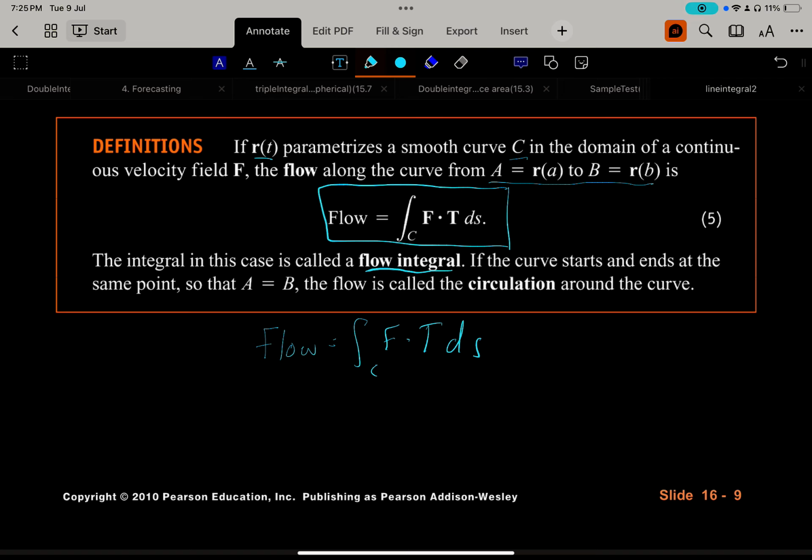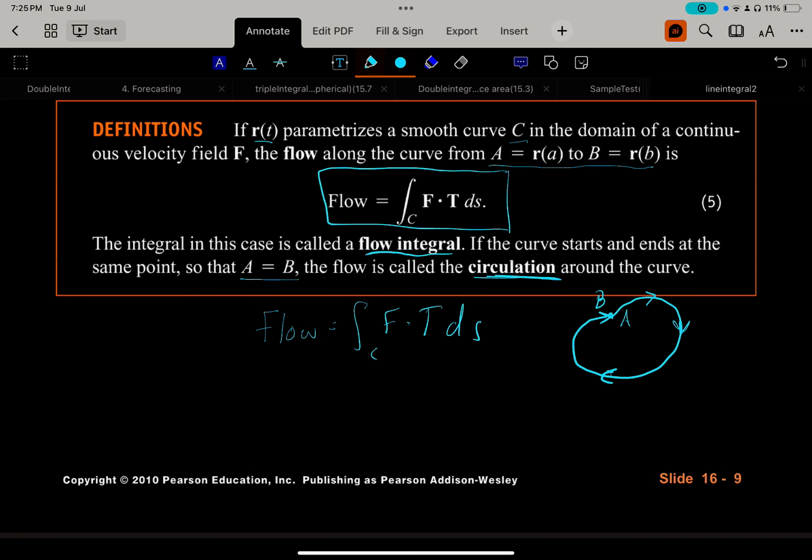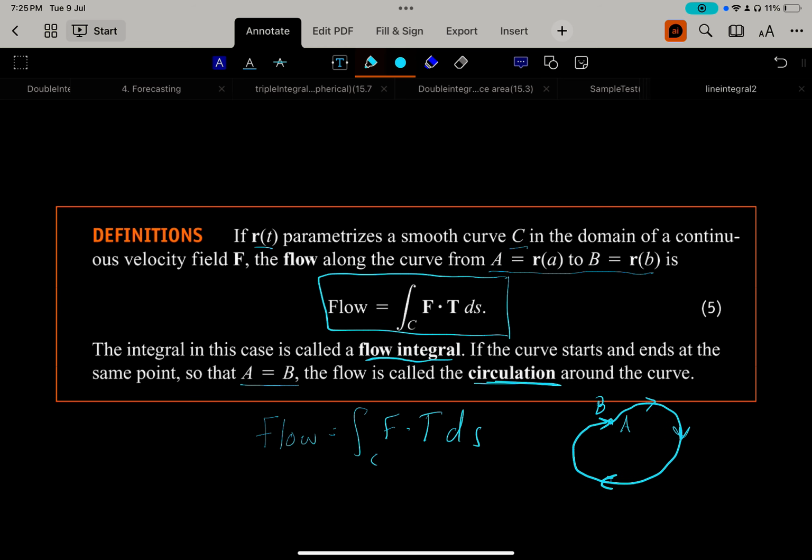A quick note: if a curve starts and ends at the same point, so A equals B, the flow is called circulation around the curve. So maybe it's something like this, and it goes back. This is A, this is B. This is the flow integral.